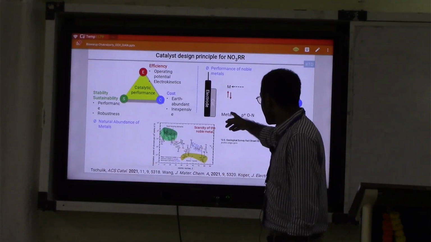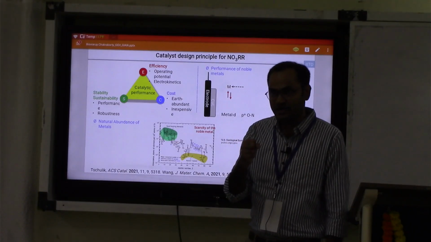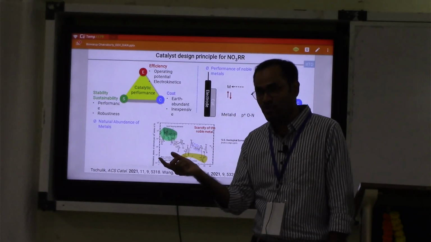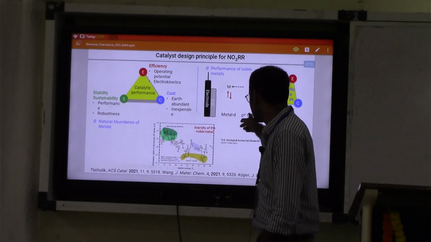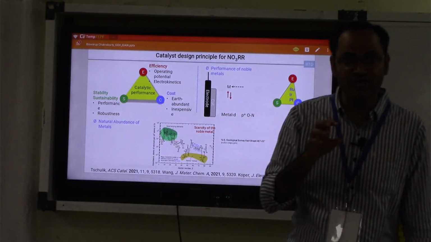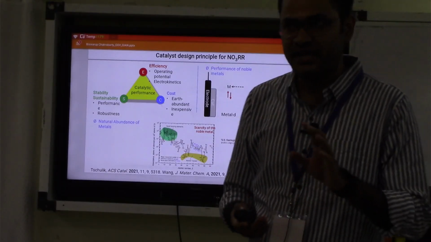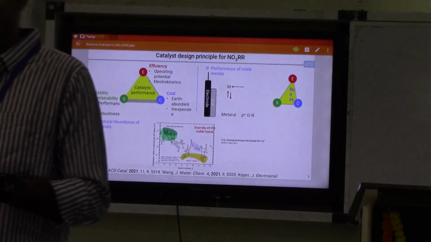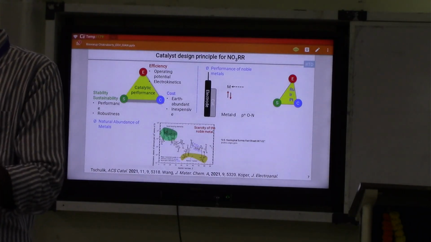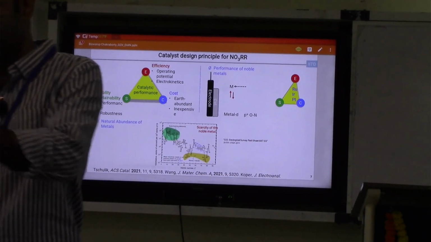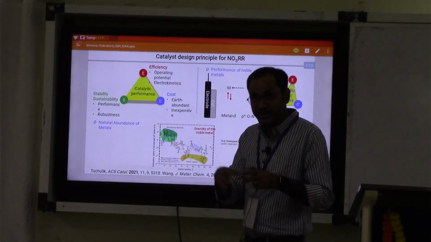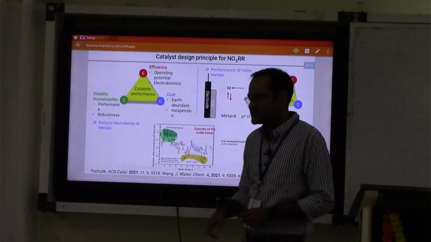If you have a metal rich in electrons, then the pi star of the NO has to be back-donated with its pi electrons, so that the bond dissociation energy drops. That means in order to do nitrate reduction, you must take a metal catalyst that is rich in electrons, so that you can reduce the pi dissociation energy, giving back electron density here. So that is why you need an electron-rich metal. That is the bottom line from this slide.